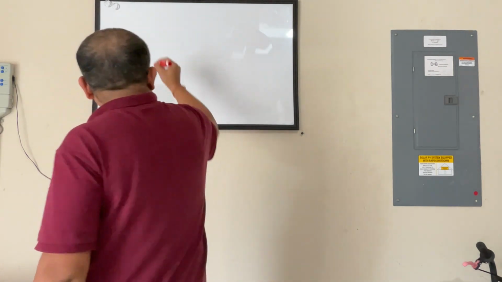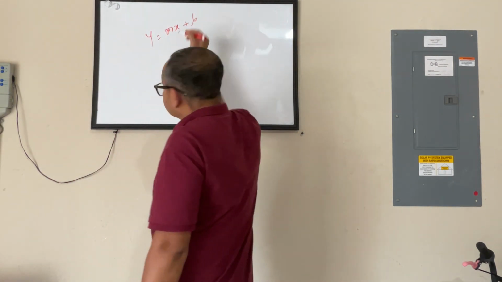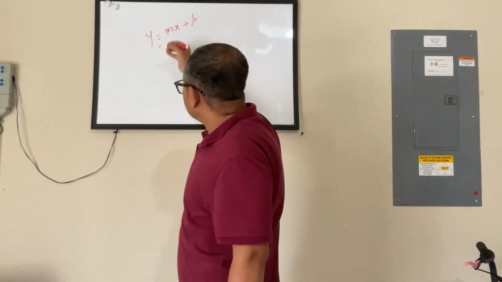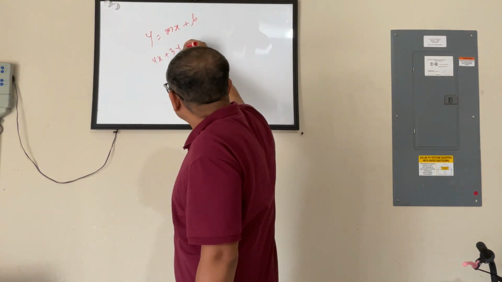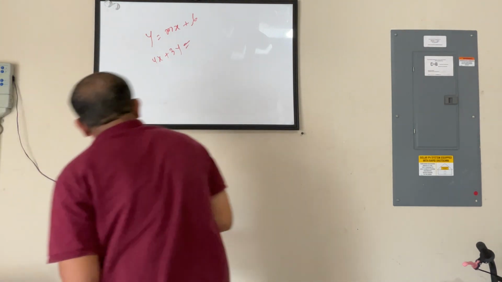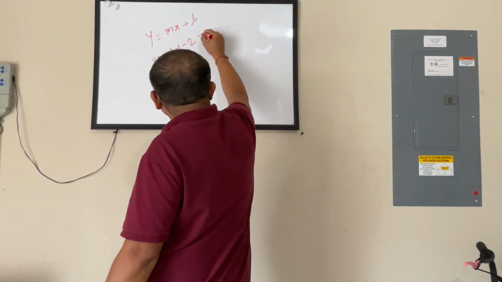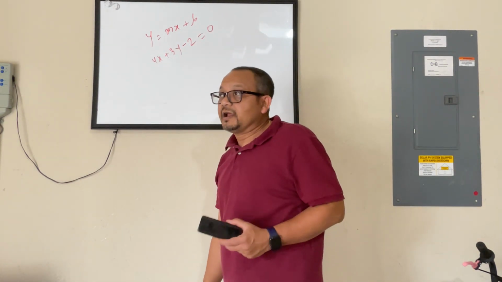So, if I'm talking about an equation like this, very simple equation. Somebody says, okay, I have an equation like 4x plus 3y minus 2 equals 0. Find out the slope and the y-intercept.